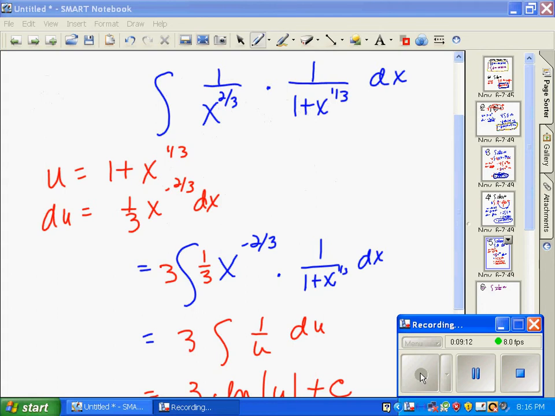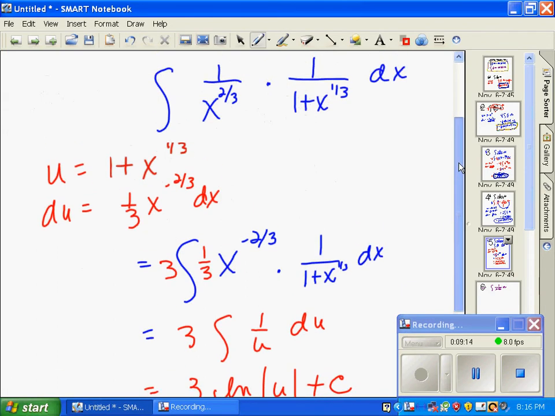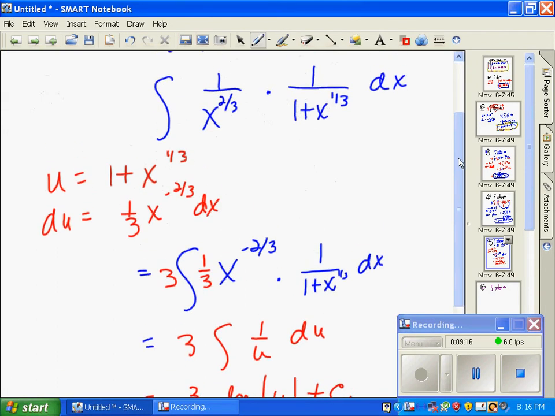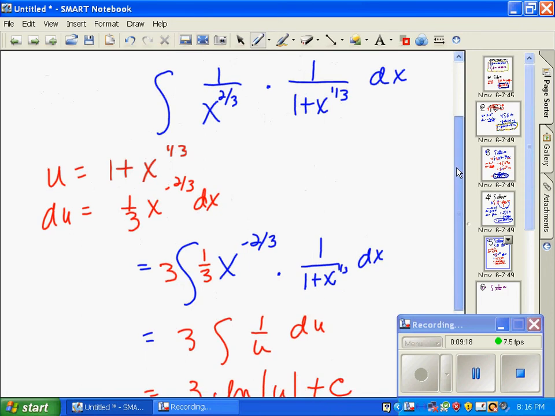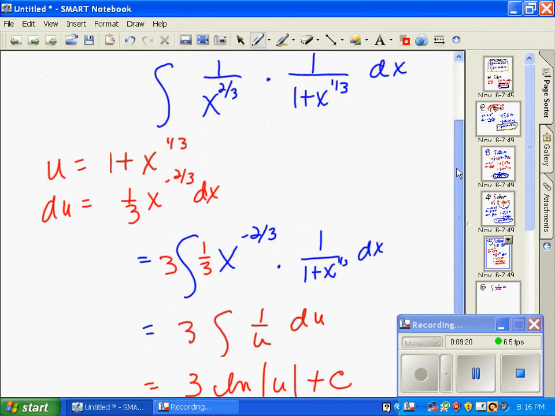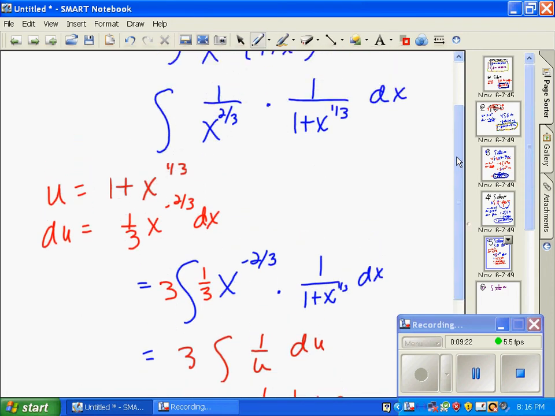Okay, just to kind of make sure we've all got the same answer, I let u be my 1 plus x to the 1/3 power. So my du would be my 1/3 x to the negative 2/3. I took this x to the 2/3 that was in the denominator, and I moved it so I could see that I had x to the negative 2/3 in the numerator.